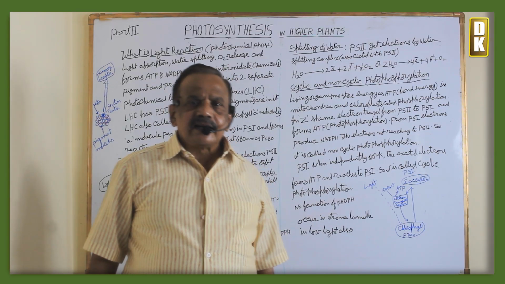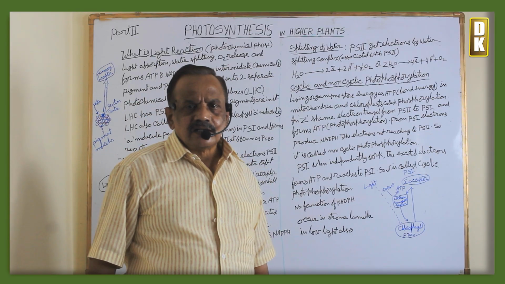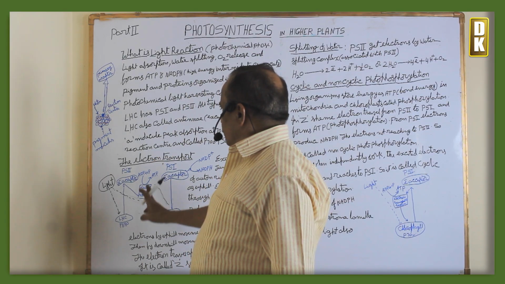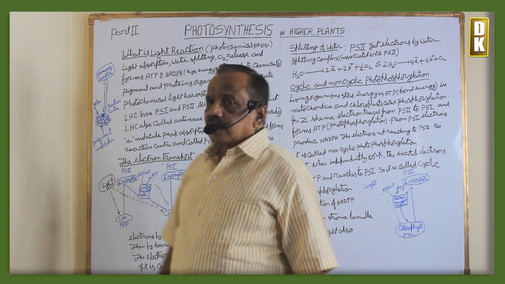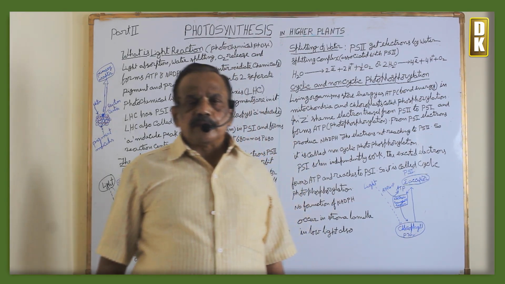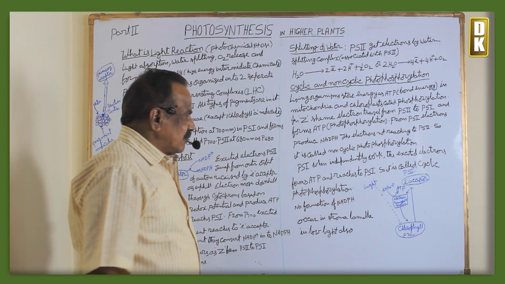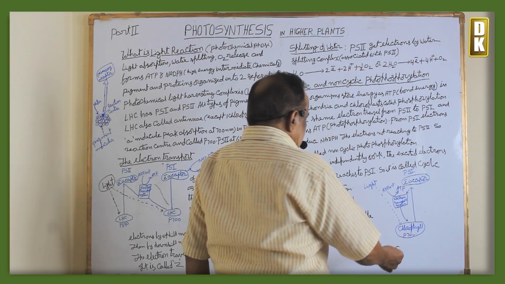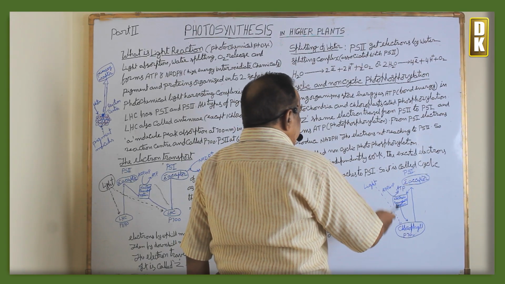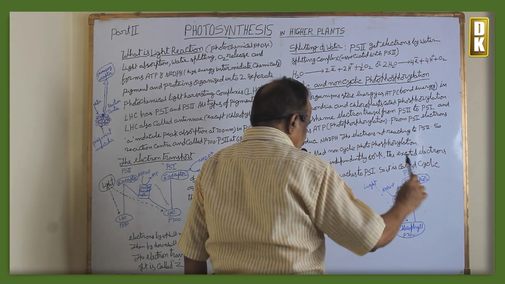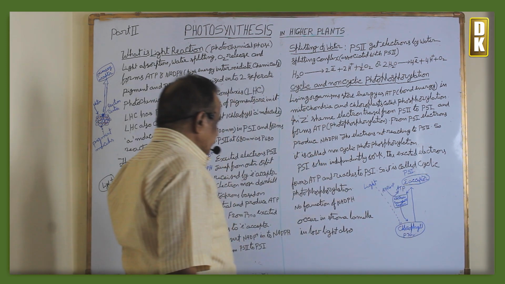In low light also it will be functional, but non-cyclic requires a certain amount of light, and under that light non-cyclic is not functional. But in low light, photophosphorylation of PS1 will be functional.